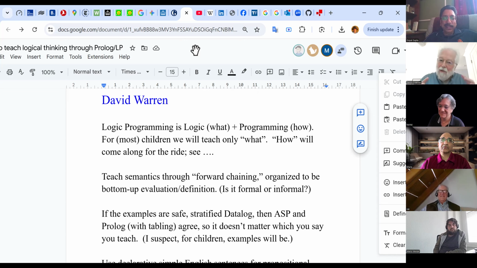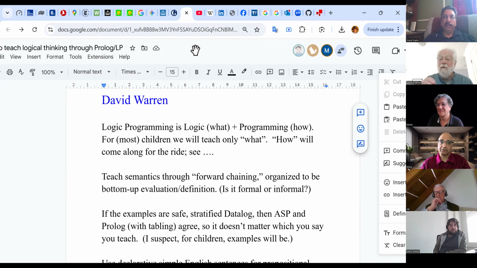Okay, what I took this task to be, or I interpreted it as, was what can we teach to the youngest children we can reasonably teach something to? I don't know exactly what age that is, but what's the simplest thing from logic programming that we can teach to people who don't have any background?